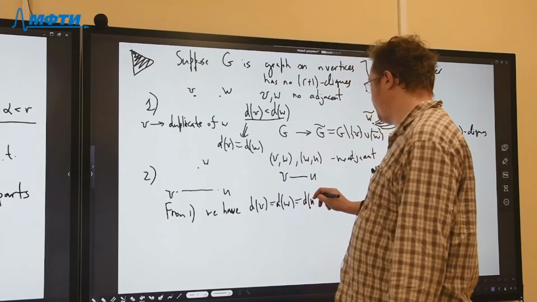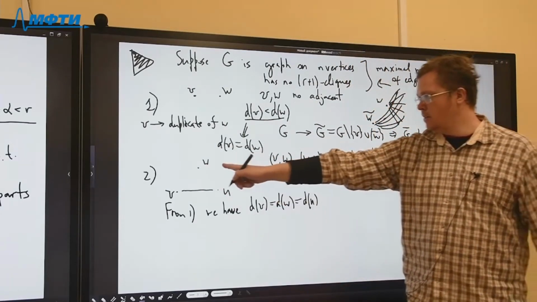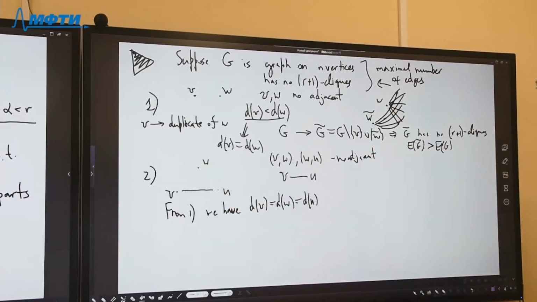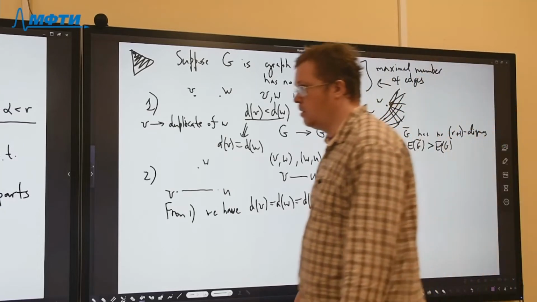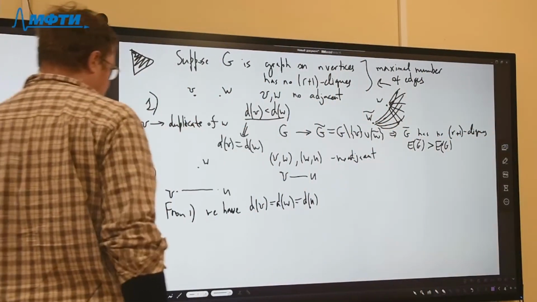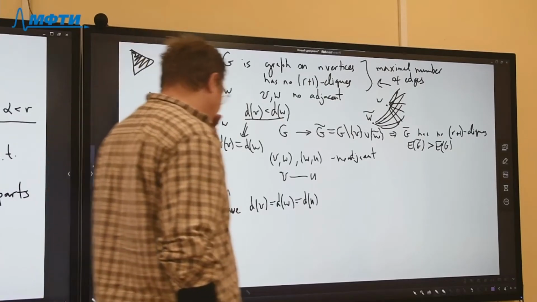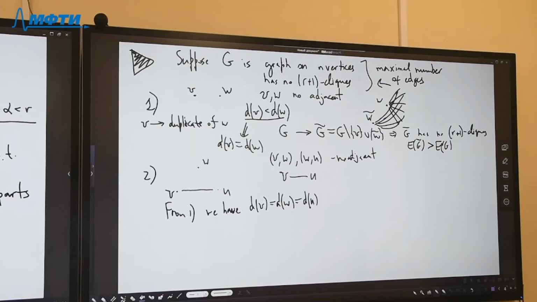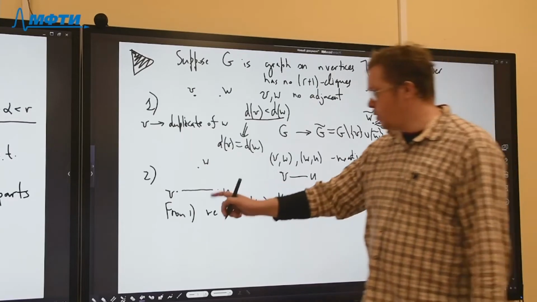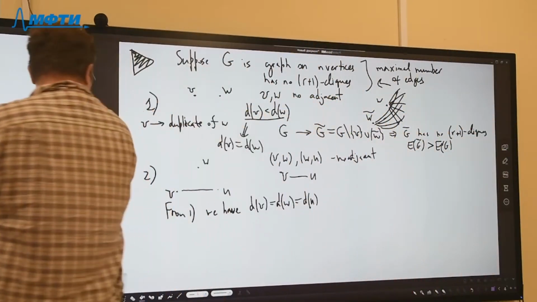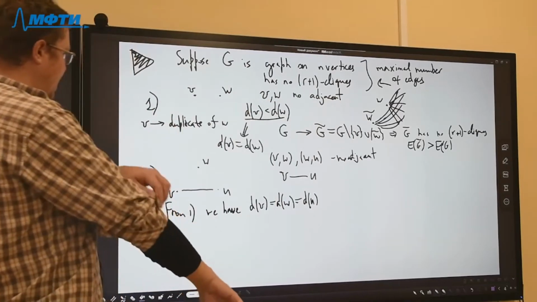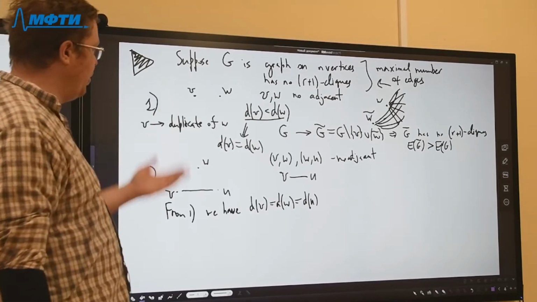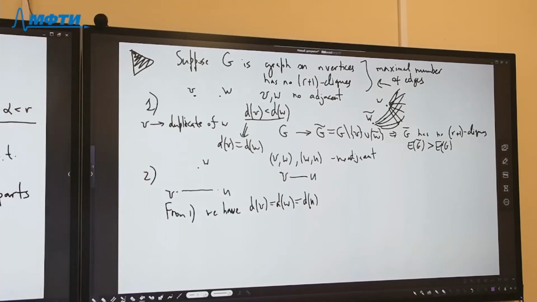So the degree of V is the same as the degree of W, and the degree of W is the same as the degree of vertex U. And now I want to again change the graph such that we have no edge between V and U. We have a bigger number of edges, and we will still have no (r+1)-cliques.